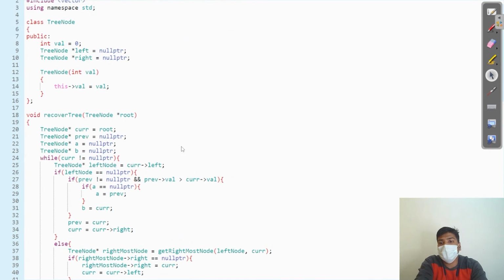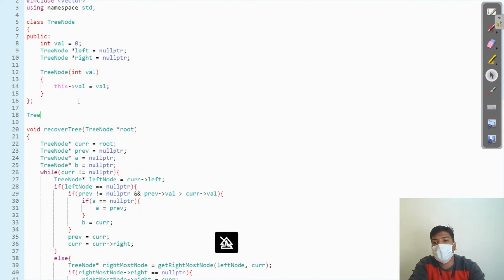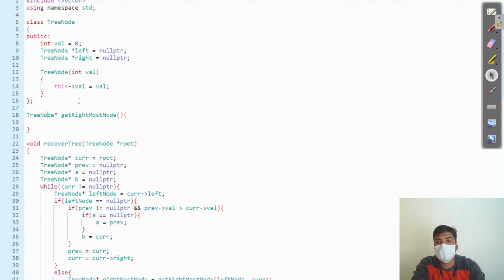Now what I'll do, I will write a function: tree node star get right most node, and in that I'll write tree node star left node comma tree node star current.